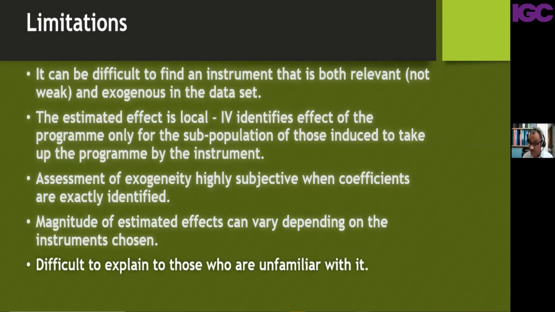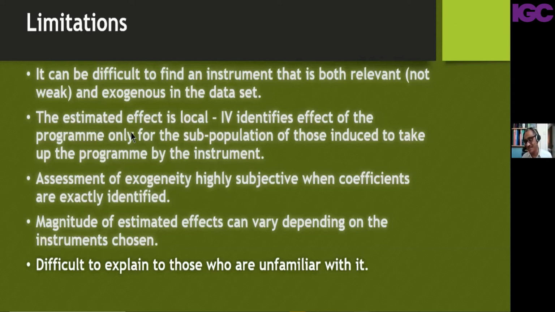And of course, it is difficult to explain the instrumental variables method to those who are unfamiliar with it. So randomization is quite difficult to explain to politicians. It's almost impossible to explain the rationale behind using the instrumental variables method to those who are not familiar with the method.